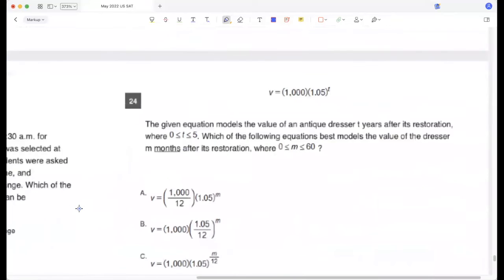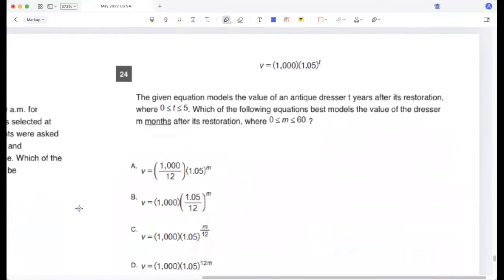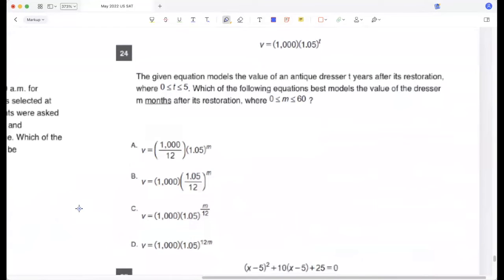24. The given equation models the value of an antique dresser T years after its restoration, where T is between 0 and 5. Which of the following models the value of the dresser M months after its restoration? So it would have to be C, right?